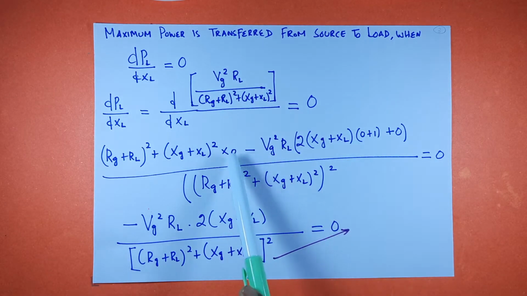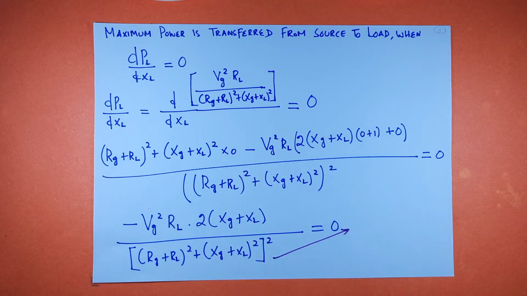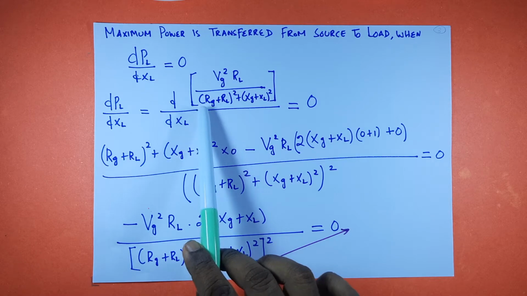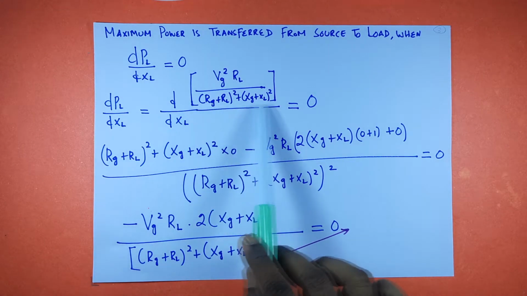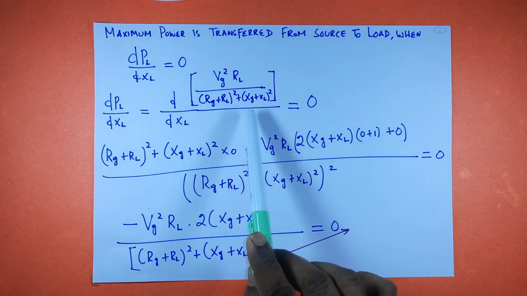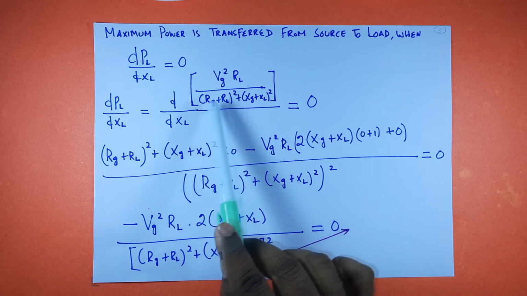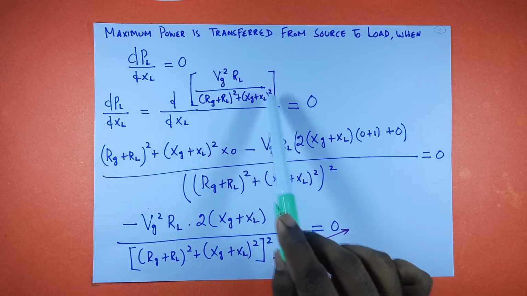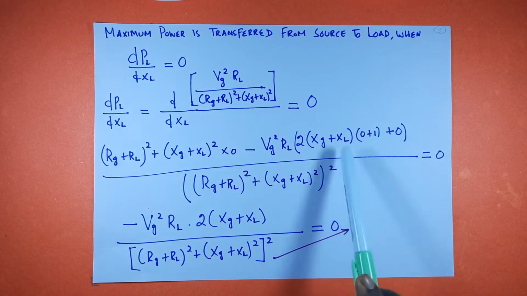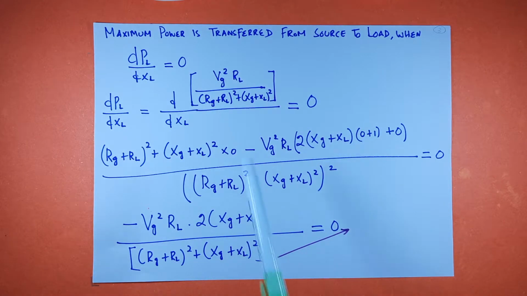Because there is no XL in it, that is going to be 0. Minus, we keep the numerator Vg square into RL and differentiate the denominator. Rg plus RL gives 0, and only this is going to come: 2 into Xg plus XL. If you differentiate inside, it is 0 plus 1.